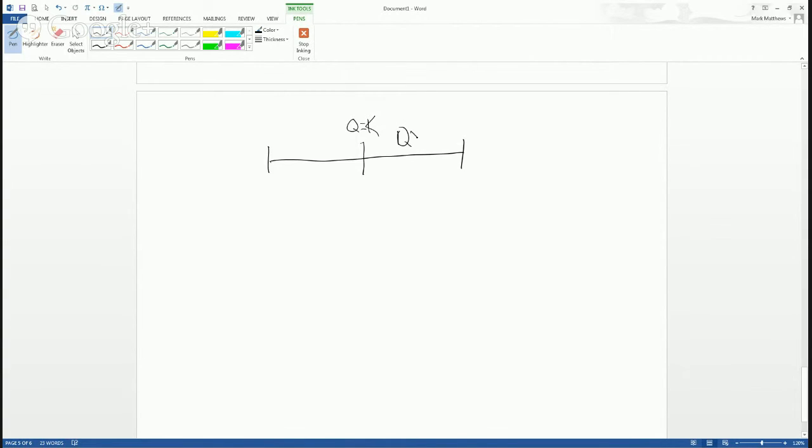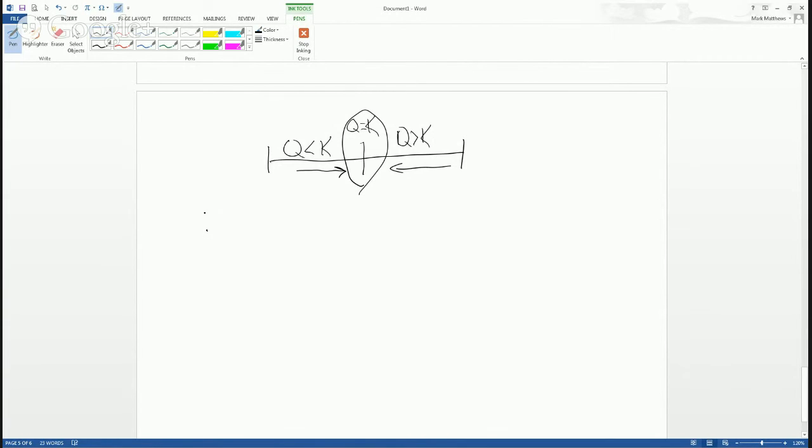If Q is a bigger number than K, it's going to go to the left. If Q is a smaller number than the value of K, it's going to shift to the right to achieve, again, the state where both of those values are the same number.